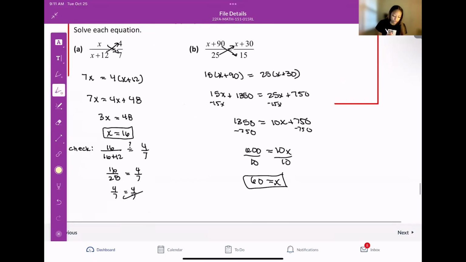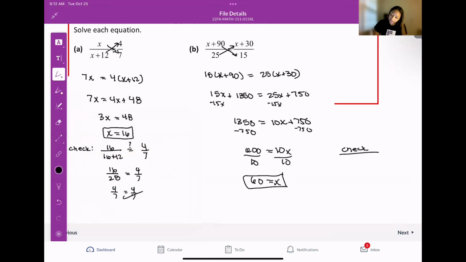We can check this one too. Let's finish out the right way by checking all of our answers. We check here, a little side work. We'll have 60 plus 90 over 25 equals 60 plus 30 over 15.